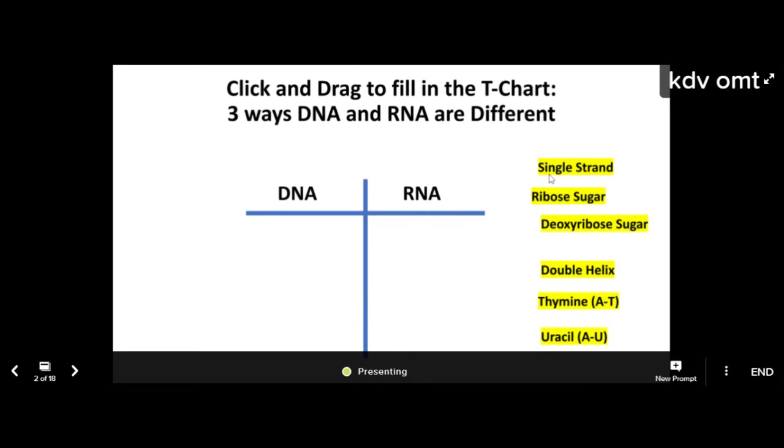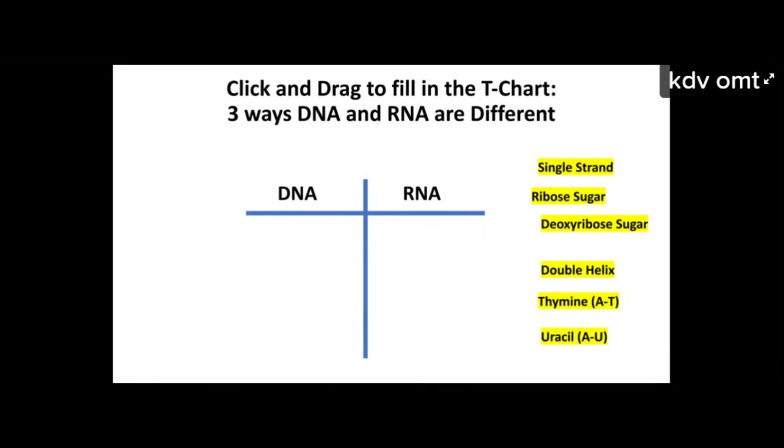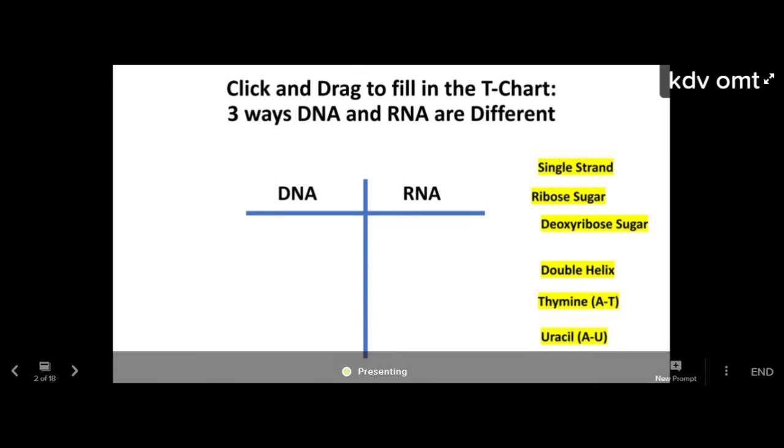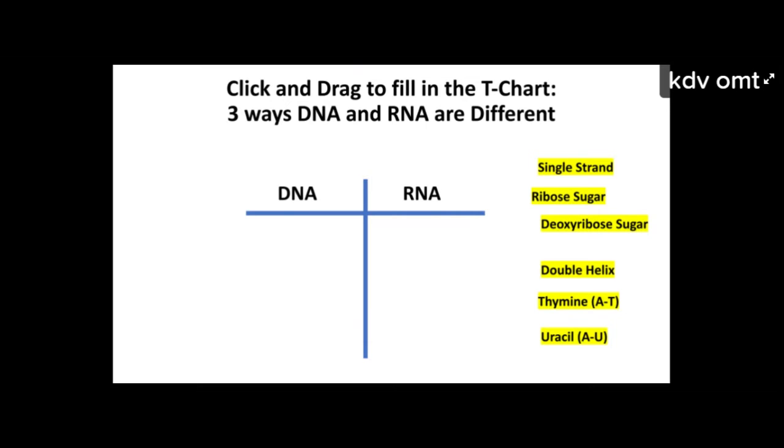So which one, the DNA or the RNA, is single-stranded? Which one's single-stranded, guys? The RNA or the DNA? You can put it in chat or anybody. Take a guess. RNA! Yes, Evan. RNA is single-stranded. Remember, because it has a twisted heel. Now, which one has the ribose sugar?